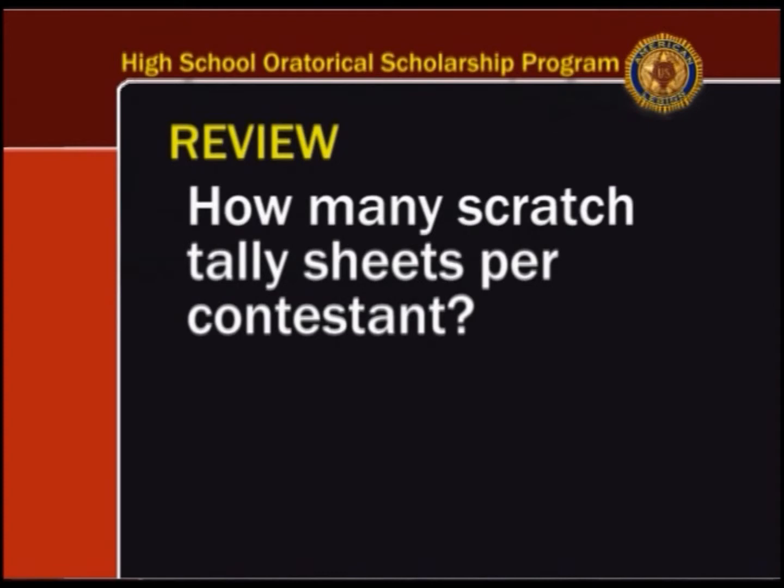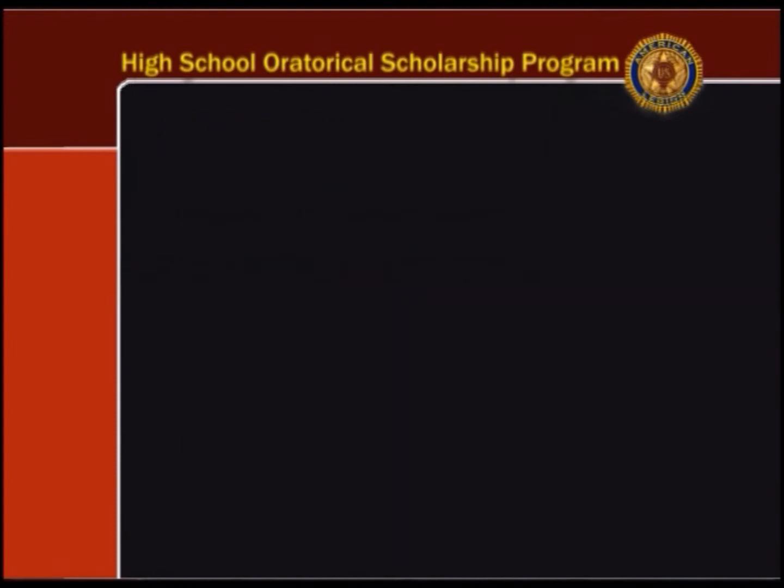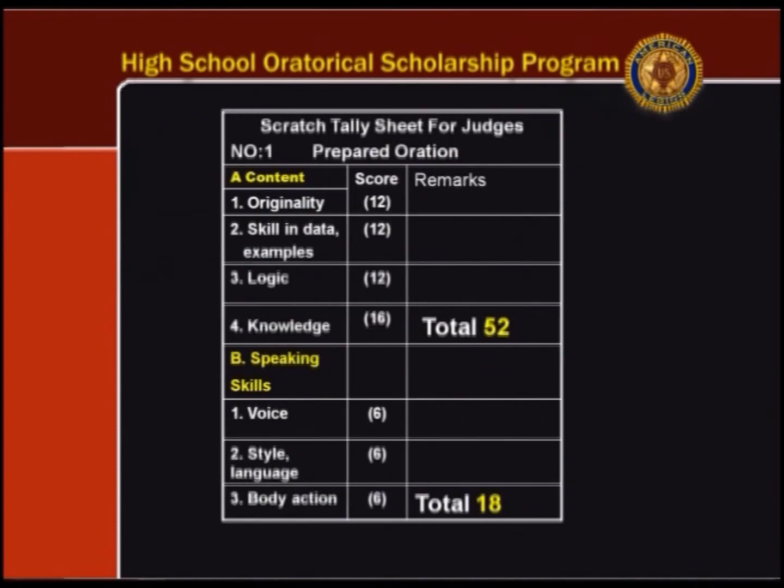A scoring system review. How many scratch tally sheets are there for each contestant? Well, there are 2. You have 1 for the prepared oration and 1 for the assigned topic. How many points can be given for the prepared oration? In the content area, there are 52 points.